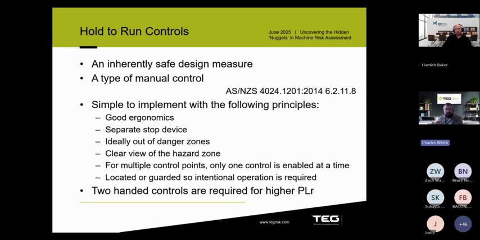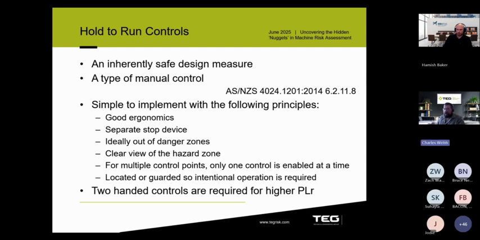You've got to have good ergonomics, because if someone's going to be standing there all day pushing buttons or pulling levers, you want to make sure that it's going to be ergonomic for the body. You've got to have a separate stop device, and that's a requirement for if a button sticks, then you have a backup plan, basically. Ideally, it's out of danger zones, but if any of you guys are functional safety, or you understand enabling devices, they can be in danger zones if they need to be.